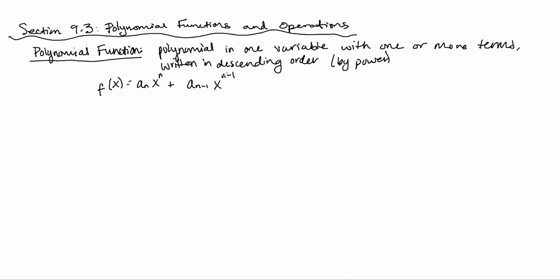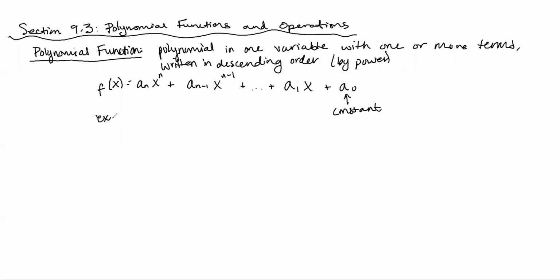So notice how we're decreasing the exponent, we're writing in descending order, plus we're going to go all the way down to a sub 1 x, and now I'm not putting x to the first, because remember x to the first is the same as just x. And then lastly, we have our constant at the end, which we, in this case, call a sub 0. So this is our constant.